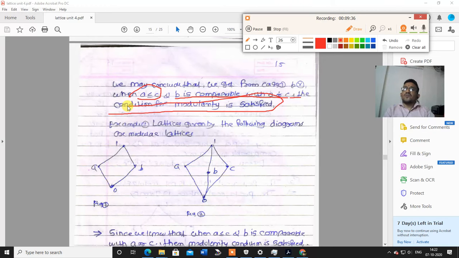Okay, so from case 1 to 5 we claim that whenever A is related to C and B is comparable with either A or C, then we can say that the modular property is also satisfied.